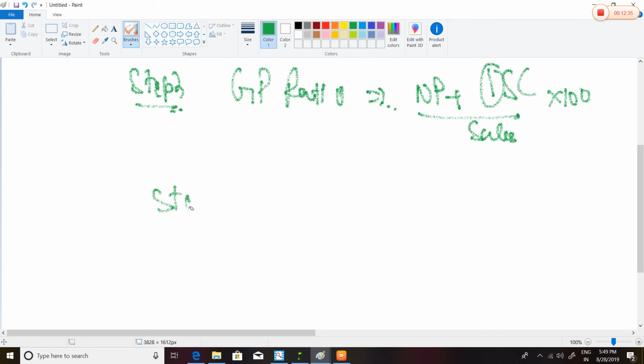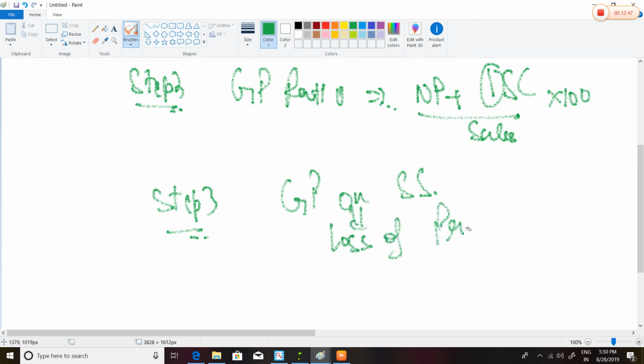Step 3, we have to calculate this GP on short sales. It will be called loss of profit: step 1 into step 2.